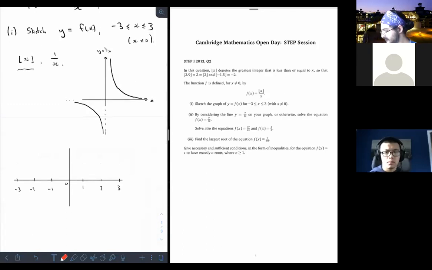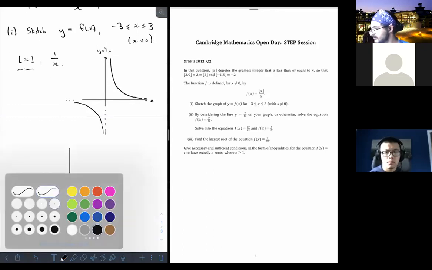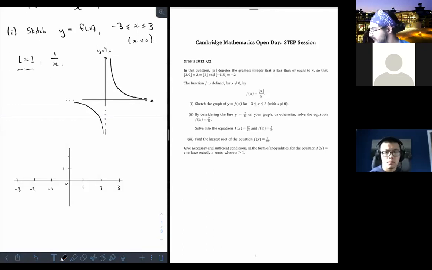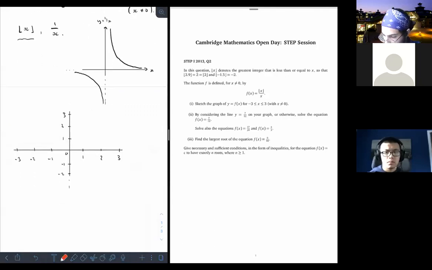We knew at 2, this would be equal to 2. So again, I should label my y-axis as well. Extend it a bit. -1, -2, etc. So we had that at 2, it was equal to 2.